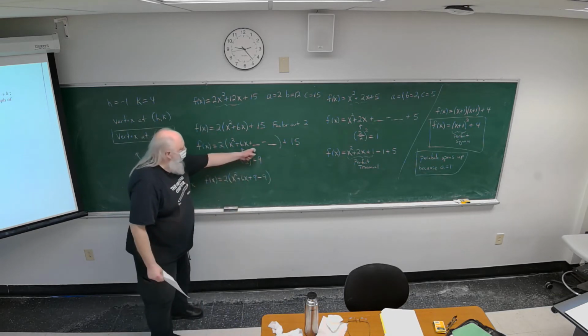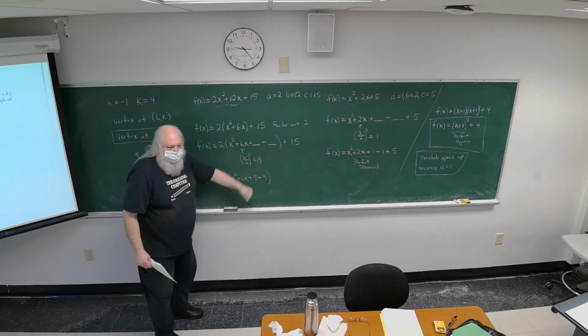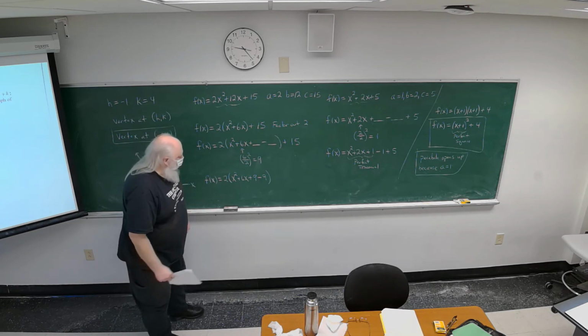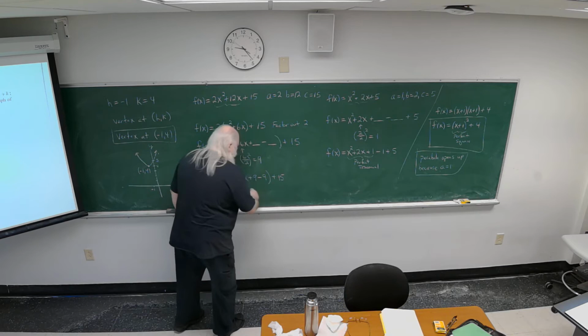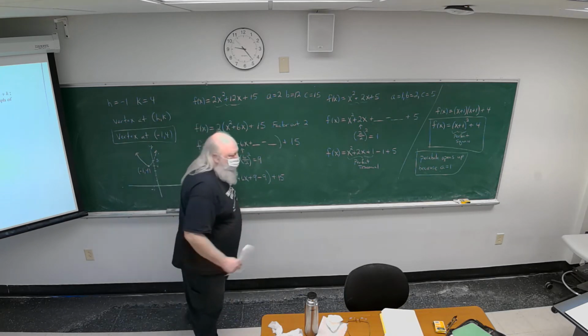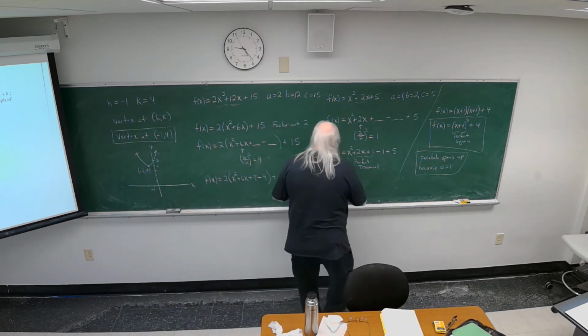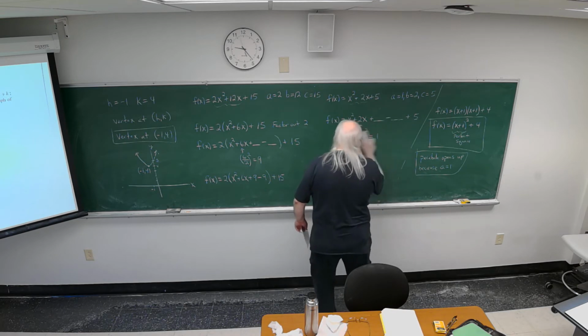So inside parentheses here, I add 9 and I subtract 9. Okay. Then we got the plus 15. Right. 9 minus 9 is 0. So we're just adding 0 inside the parentheses.